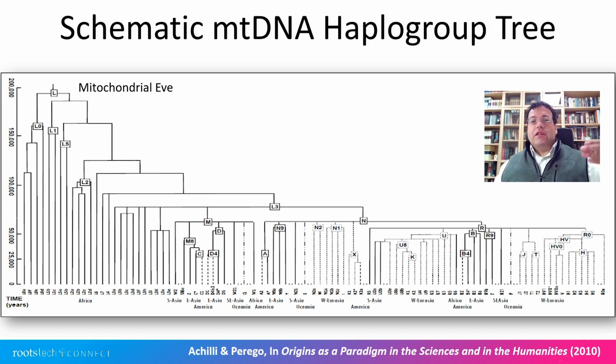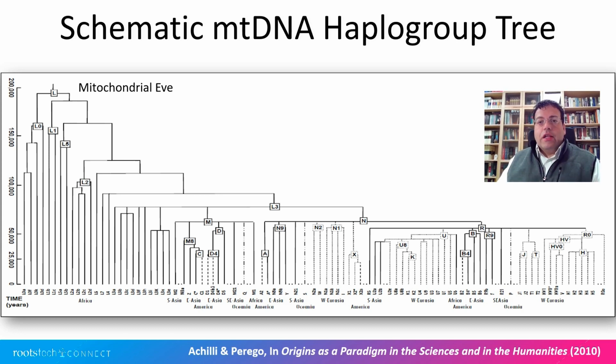And as each mitochondrial DNA at each generation is passed on, then occasionally we would have little tiny changes called mutations that would create different branches and separation from one branch to the other to create what you see here, this beautiful worldwide tree representing all the mitochondrial lineages of the planet.